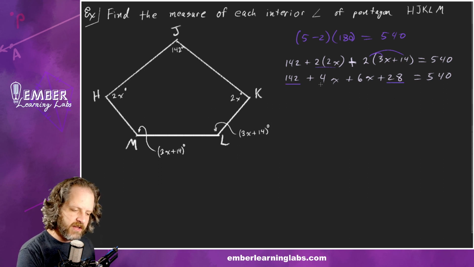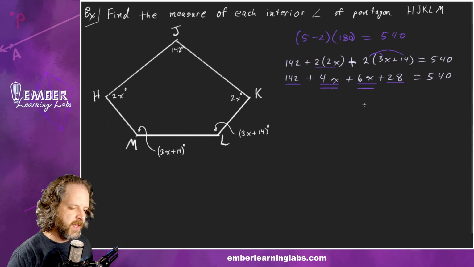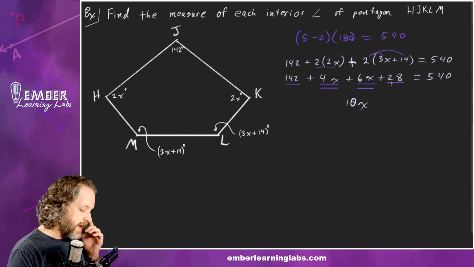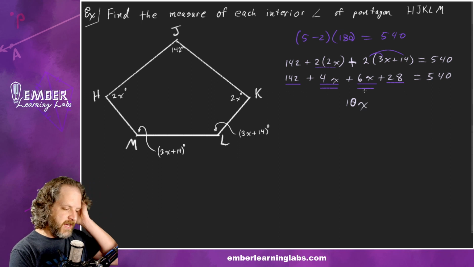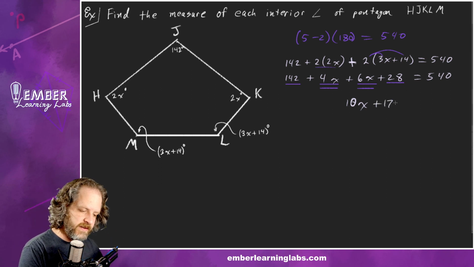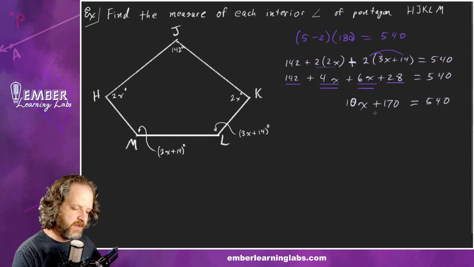They don't have any x. These both have x's. Right? So 4x plus 6x is 10x. And 142 plus 28, that would be what? 150 plus 20, 170. So 10x plus 170 equals 540. And then we'll subtract off the 170.